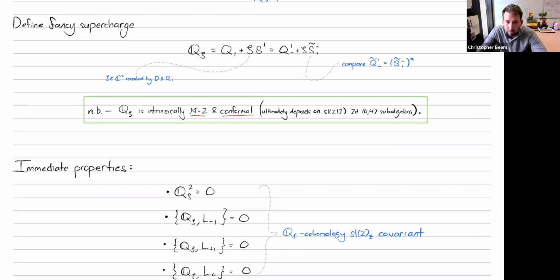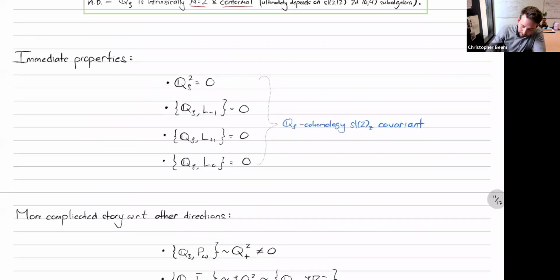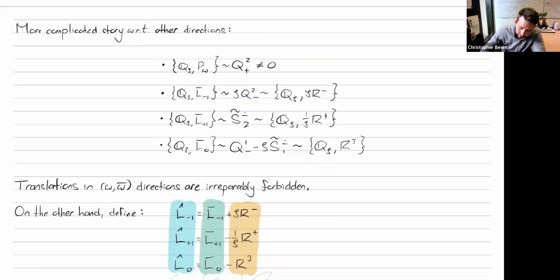In principle, I can take its cohomology, and I can work out what symmetries are compatible with that cohomology, and which symmetries are trivialized by that cohomology. This is an exercise not even in representation theory, but in commutators in superconformal algebras. And you work out that the SL2 that acts on the Z coordinate commutes with this supercharge. And the other directions are more complicated.